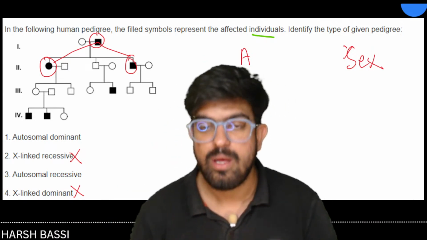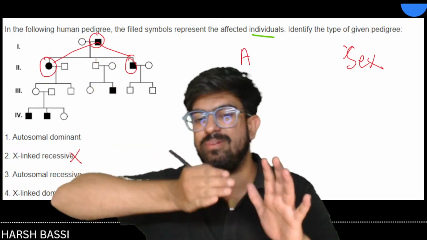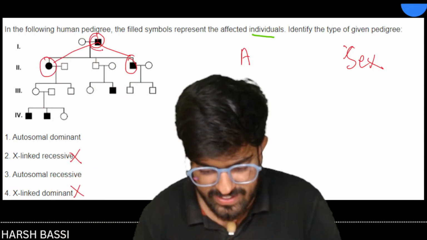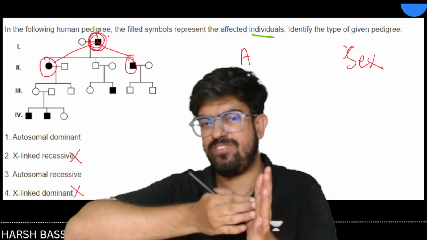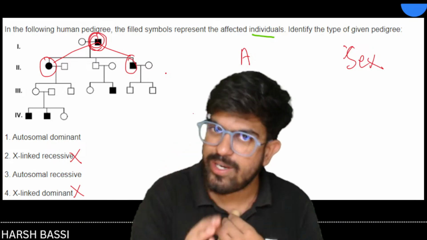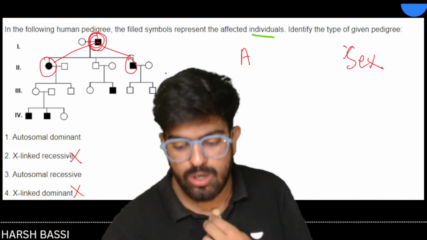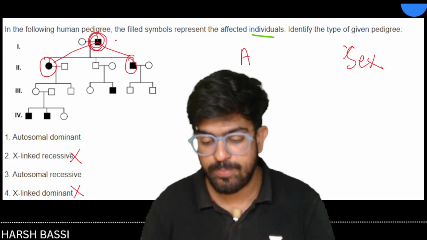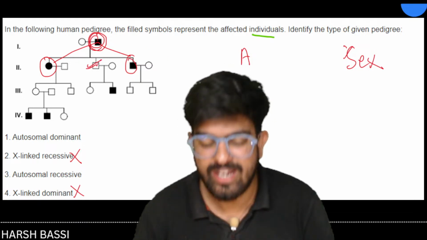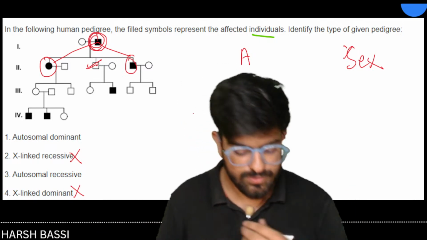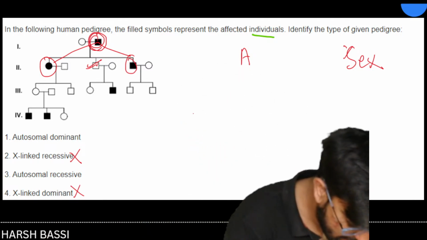Mother to son or mother to daughter. But here the father is affected, so father to son and father to daughter can also be there. So this is autosome only, whether it is dominant or recessive. If it were dominant, these guys would also be affected. Yes or no? Yes. So it's recessive. It's recessive. Yes or no?